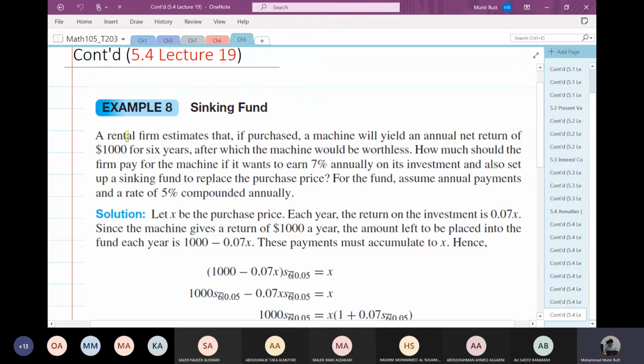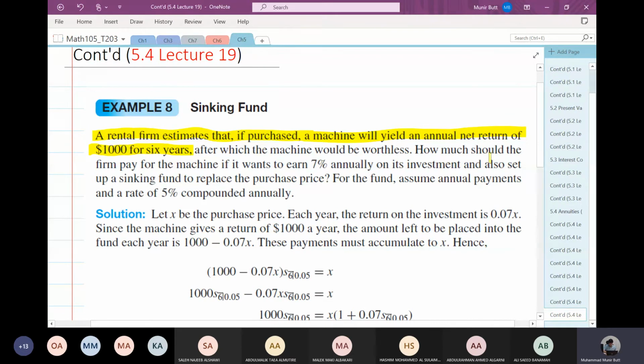So here we have a rental firm that estimates that a machine it purchases will yield an annual net return of $1,000 for 6 years, after which the machine would be worthless.